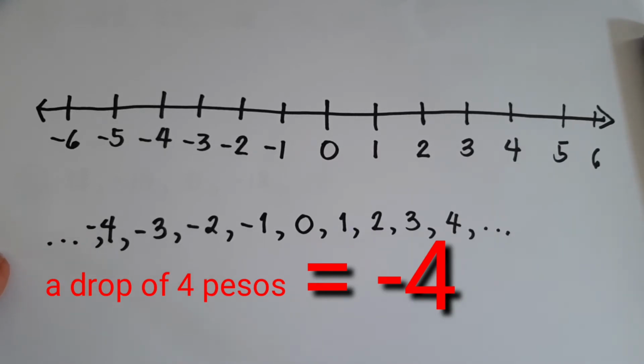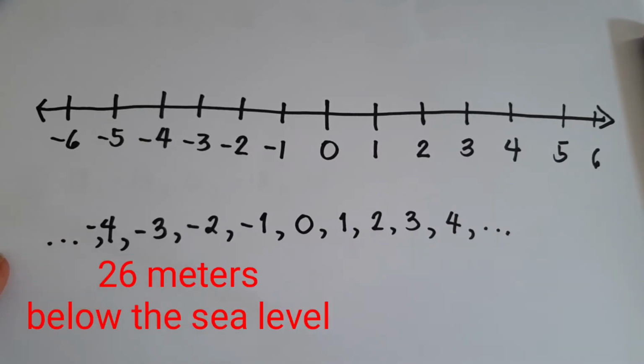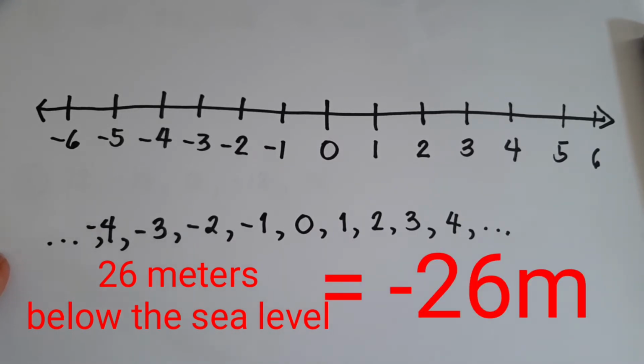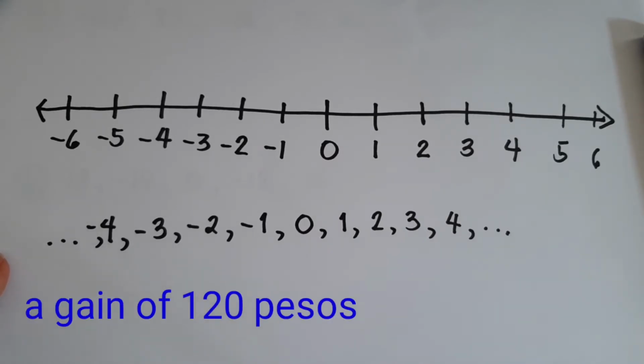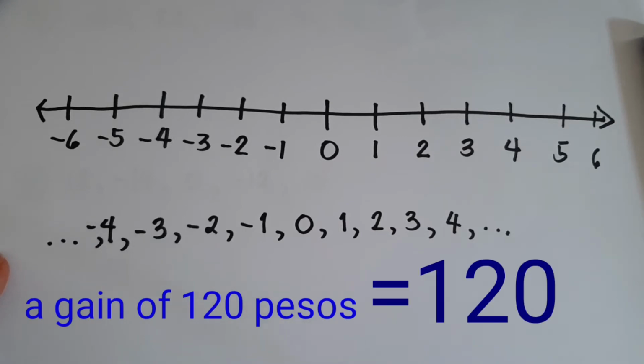Next, 26 meters below the sea level, the keyword there is below, so therefore the answer is negative 26 meters. A gain of 120 pesos, the keyword there is gain. So therefore, the answer is positive 120 pesos.